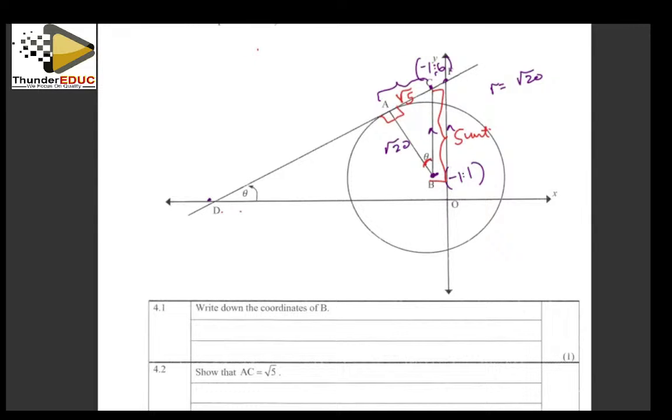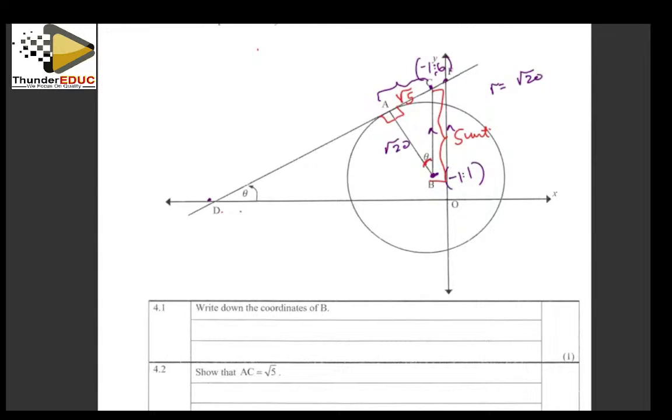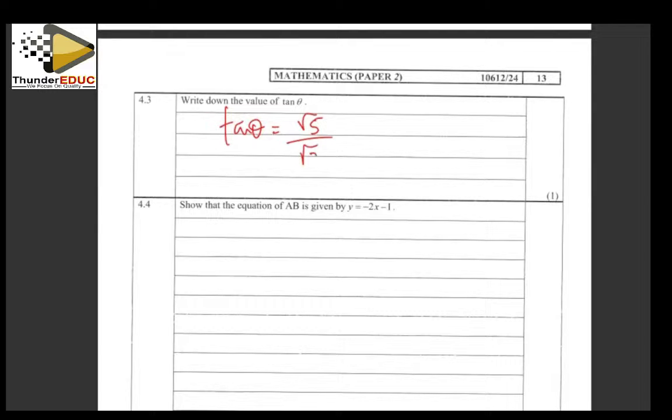Our opposite is root 5, over the adjacent, which is root 20. Root 20 is the same as 4 times 5, which is 2 root 5. So root 5 over 2 root 5, this cancels, and that gives us a half. So tan of theta is equal to a half.